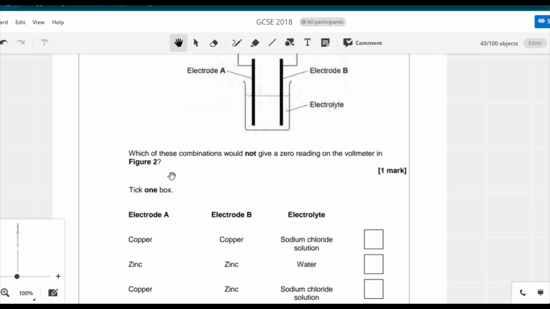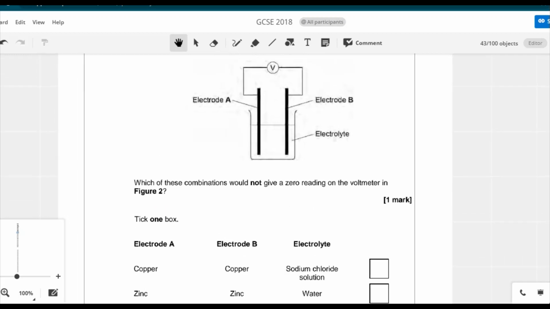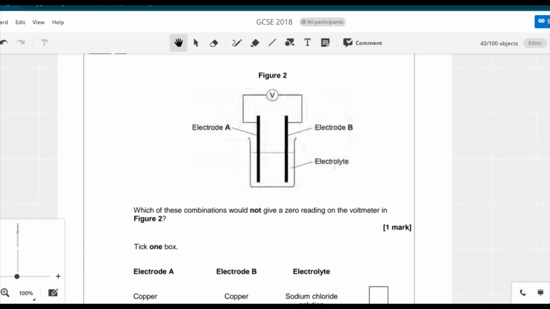To find this, we need to check that electrode A and electrode B must be different, made up of metals, and the electrolyte must contain some ions.